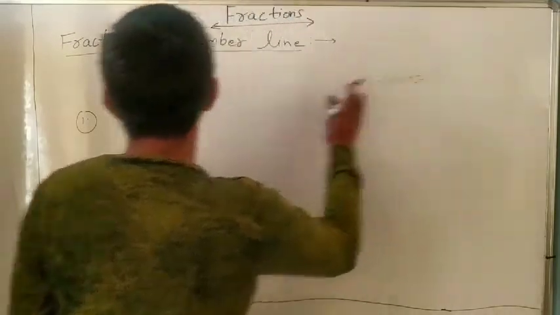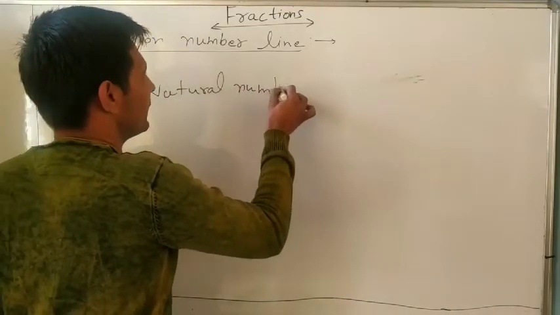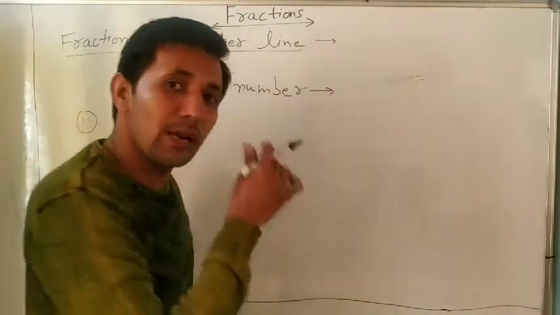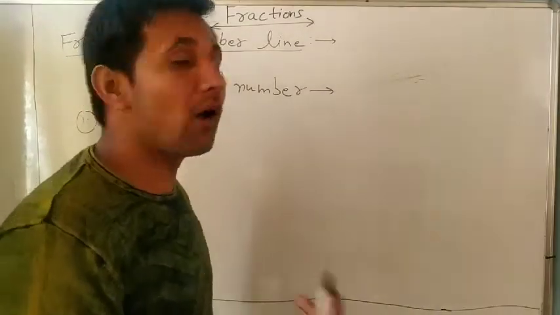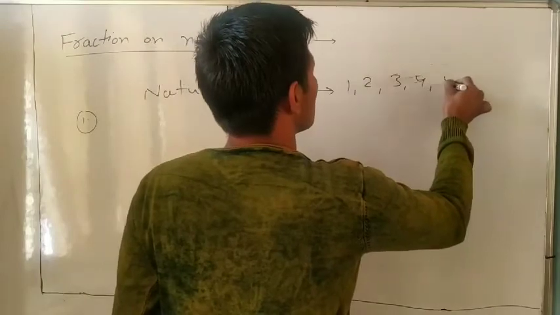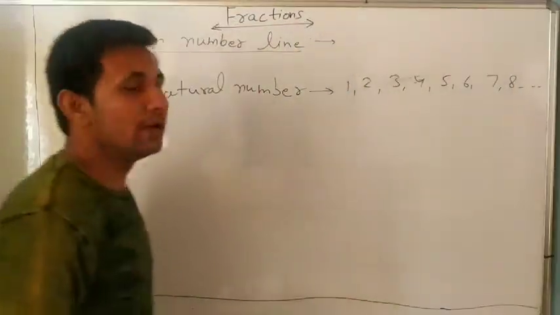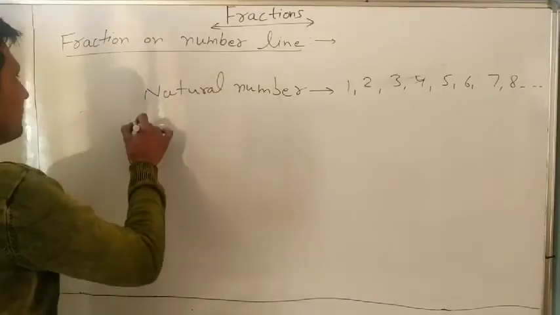How to represent a natural number on a number line? What is a natural number? All the counting numbers: 1, 2, 3, 4, 5, 6, 7, 8 and so on. Okay. These are the natural numbers.